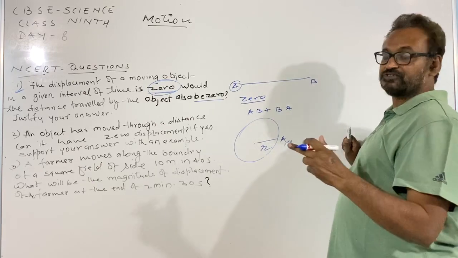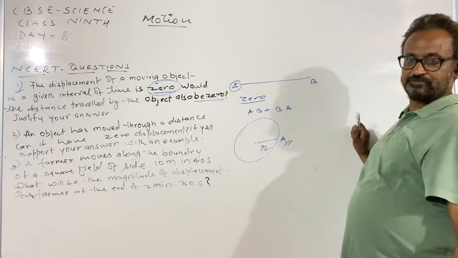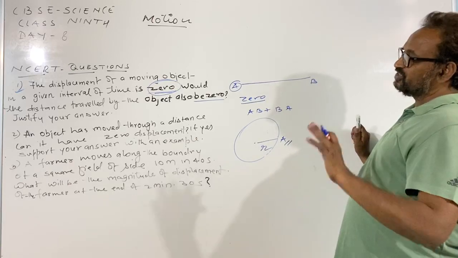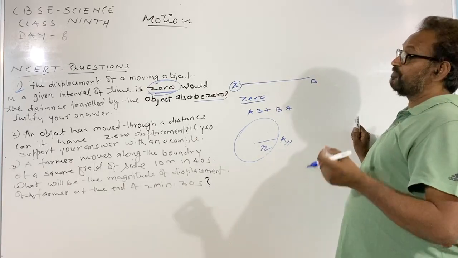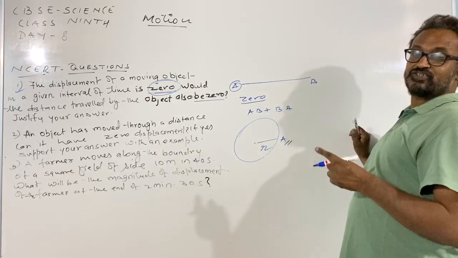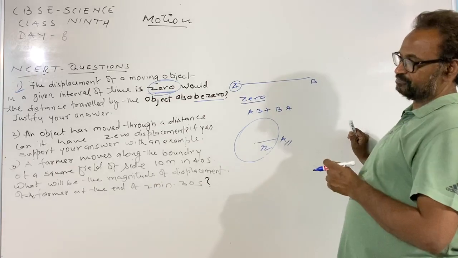It will be equal to the circumference of the circular path. So it is not necessary that if the displacement of a body is 0, the distance travelled by the body be also 0.